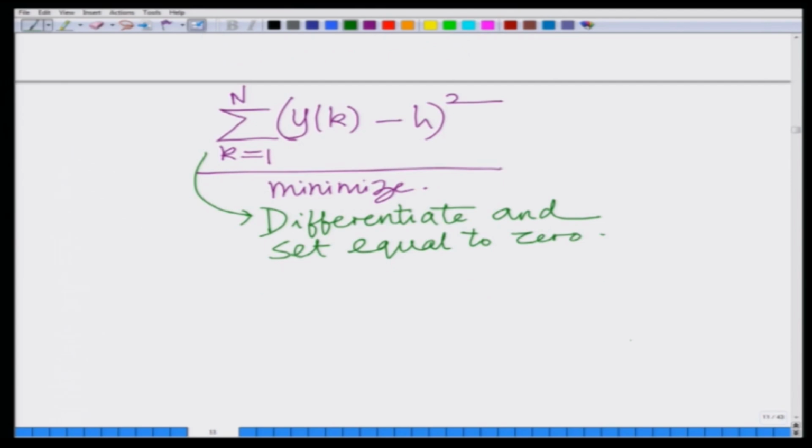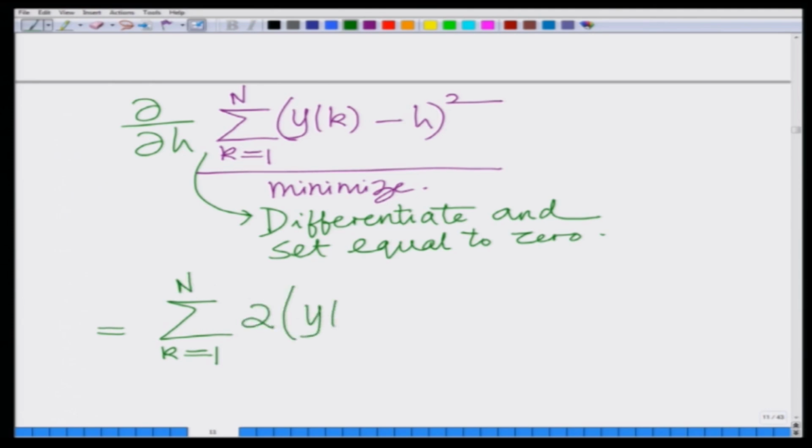And if I differentiate this, what am I going to get? If I differentiate this with respect to h, I am going to get summation k equal to 1 to n twice yk minus h equal to 0.